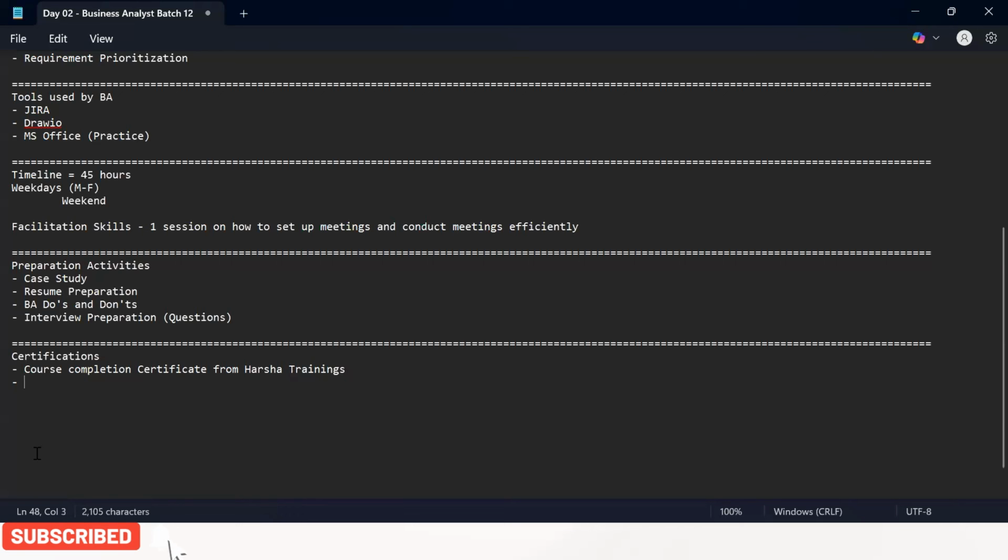But if you are looking for an external certification, then IIBA is the institute that offers business analyst related certification in three categories. The first one being ECBA, CCBA, and then CBAP.